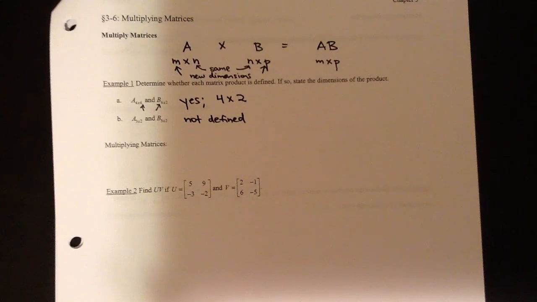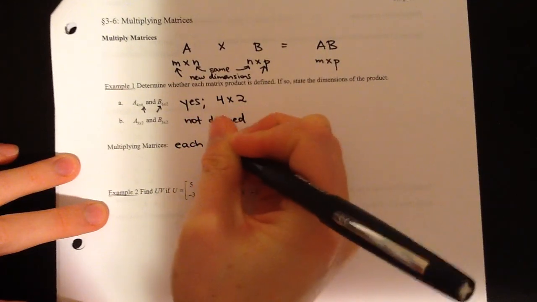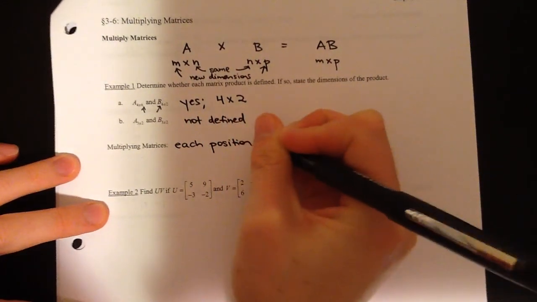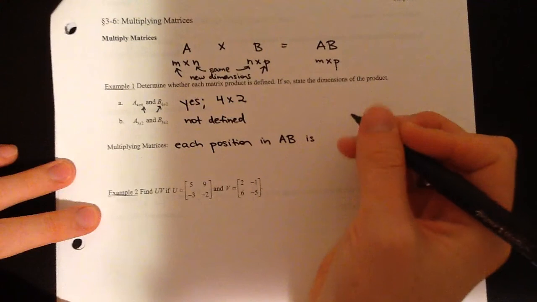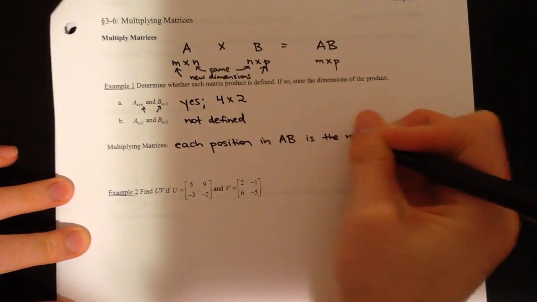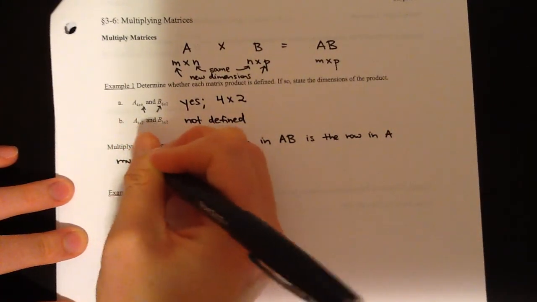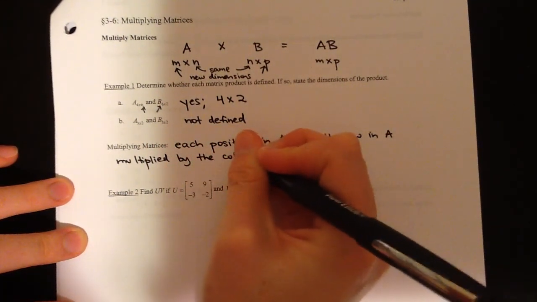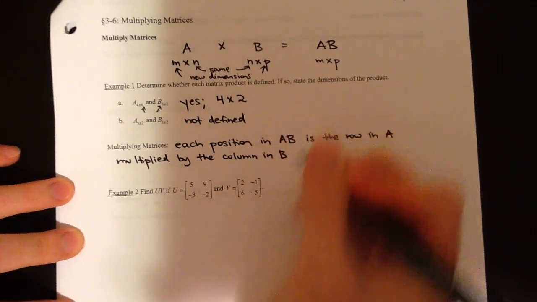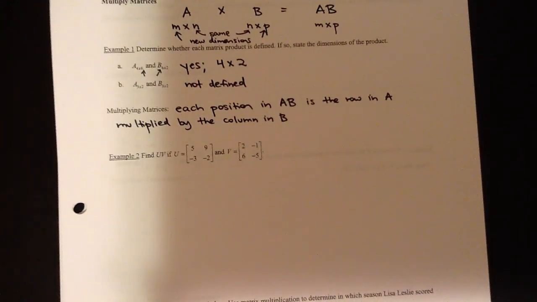So each position in AB is the row in A multiplied by the column in B. Probably that doesn't make a lot of sense when it's just written out the way it is, but each new position in AB is the row in A times the column in B.